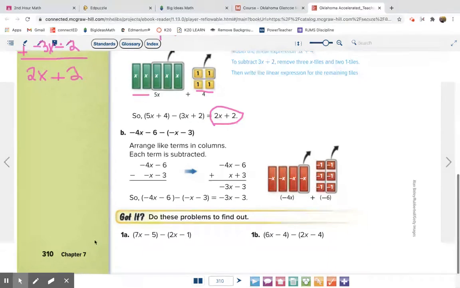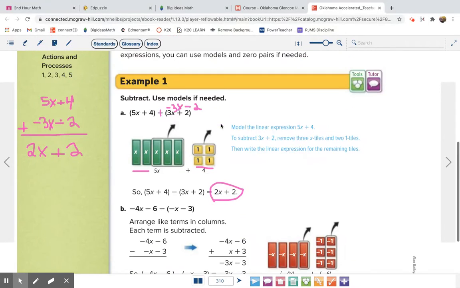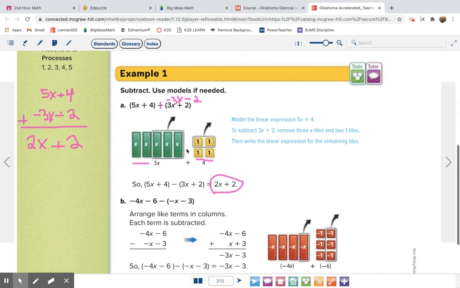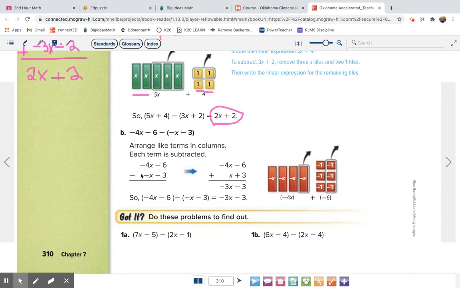So now looking at the next one, B, same thing. We're going to rewrite it. Instead of doing the keep, change, change in the original problem, if it's easier for you to do keep, change, change as you write it down as an addition problem up and down, that's fine too. Those are the two ways you can set it up. On this one, that's how I'm going to do it. So I have negative 4x minus 6.